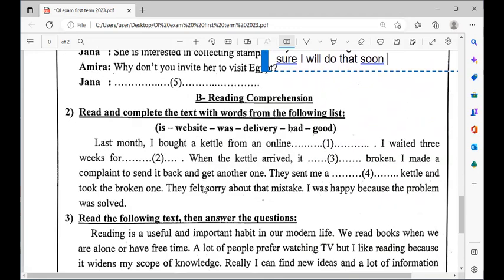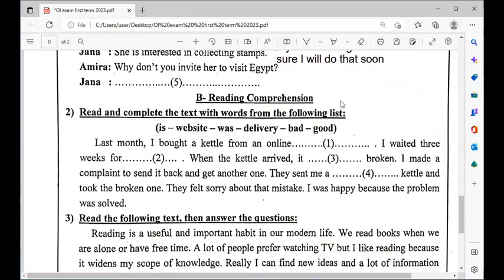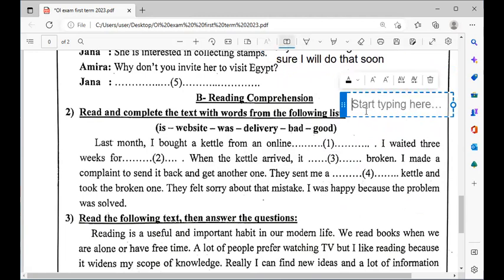Now to the second question. Read and complete the text with words from the following list: is, website, was, delivery, bad, good.